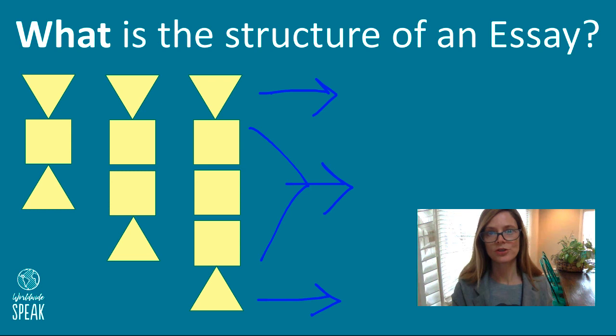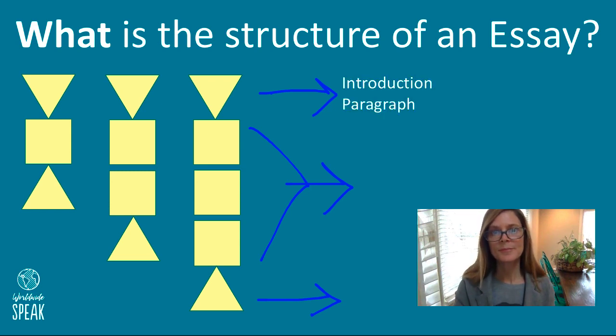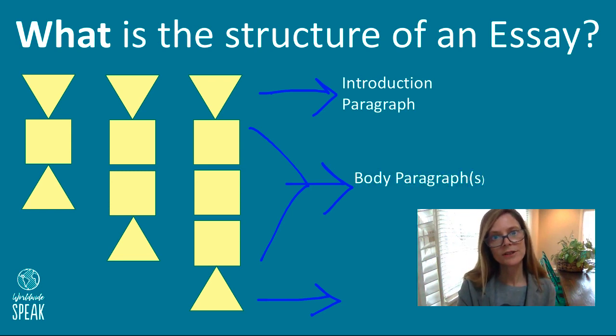So with this structure of an essay, I like to use these shapes so that my students can visualize what the essay is. We use this upside down triangle for the introduction. And then we use squares for the body paragraphs.